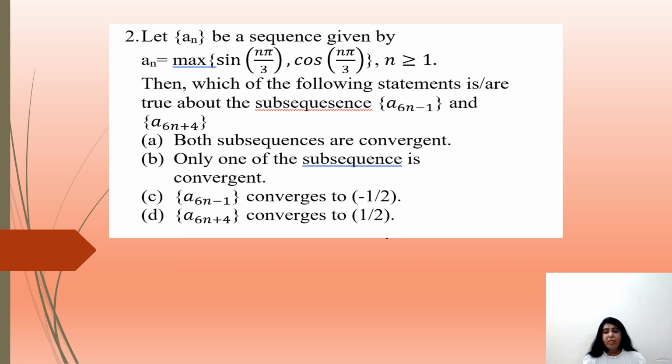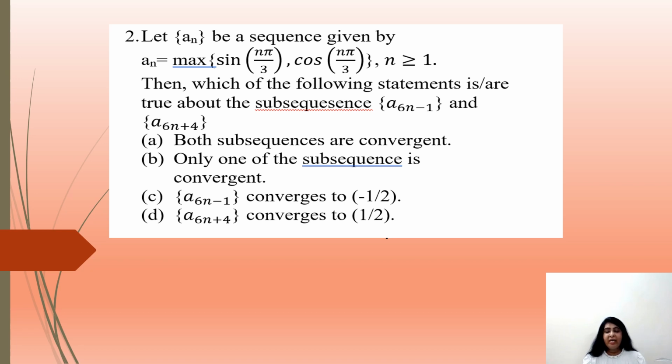So first option is both subsequences are convergent, only one of the subsequences is convergent. Another option: A 6n minus 1 is convergent to minus 1 by 2 and A 6n plus 4 converges to 1 by 2. So we have to check one of the options.